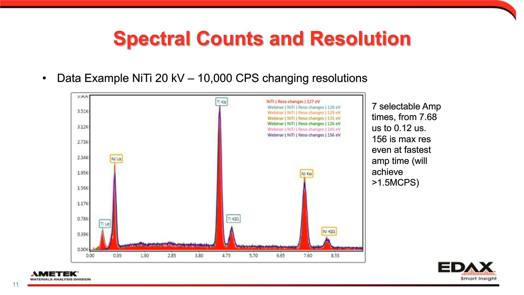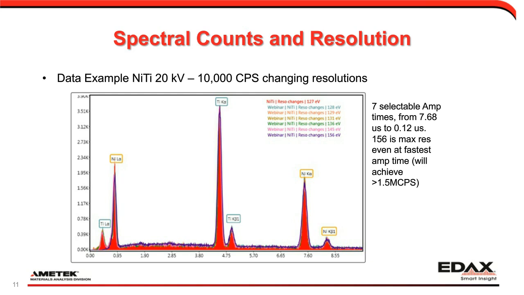Going to a faster amp time will give you a better output count rate, which means your statistics increase. So the quantification numbers depend on two things: the resolution and the statistics in there.